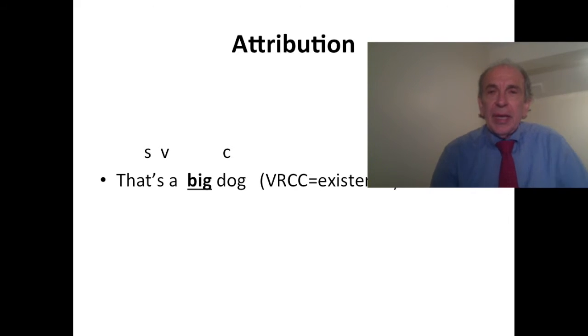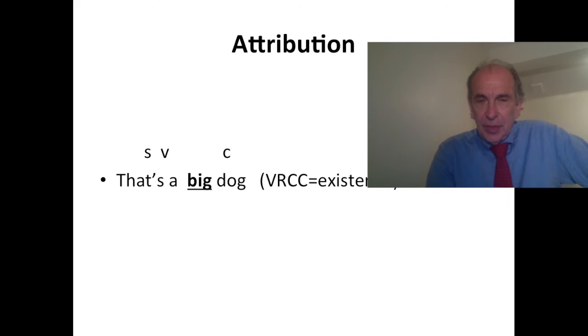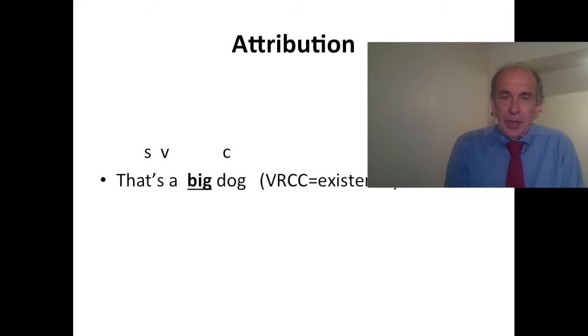Okay, now let's look at the non-verb relation versions of the content categories, and see how they look. One is attribution, and notice again, it is the extra word, outside the SVC here in a non-verb relation. When a content category is in a non-verb relation status, it's embedded within a verb relation. So in this sentence, that's a big dog. The subject is that, the verb is, the complement is dog.